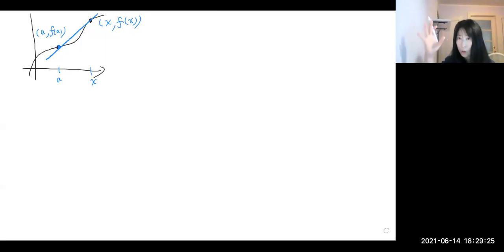It's not like a trigonometry secant. So this is the secant line.